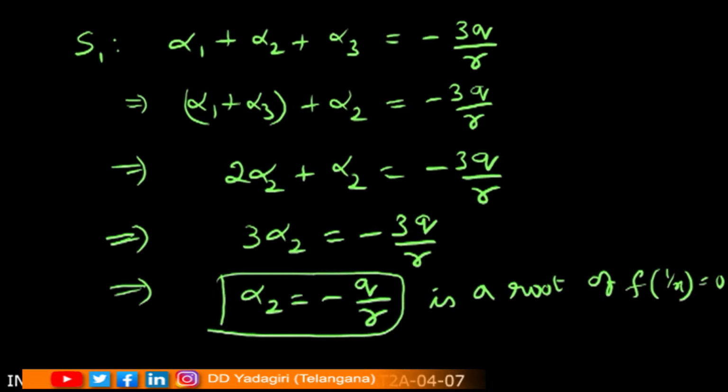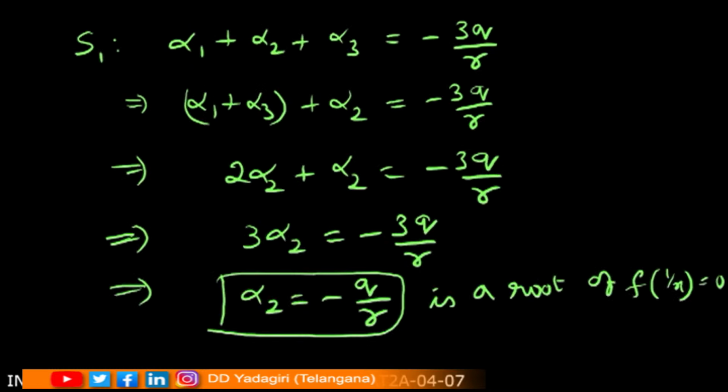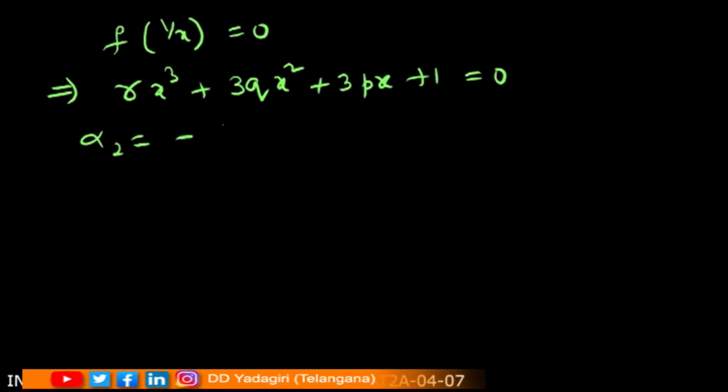What is f of 1 by x? f of 1 by x is equal to 0 is rx cube plus 3qx square plus 3px plus 1 is equal to 0. So, alpha 2 is equal to minus q by r is the root of the above equation.